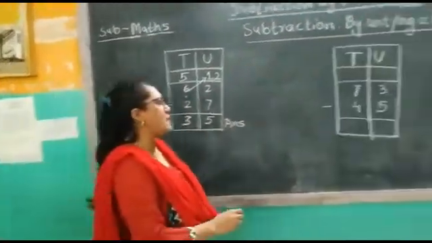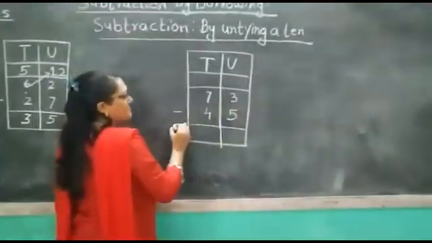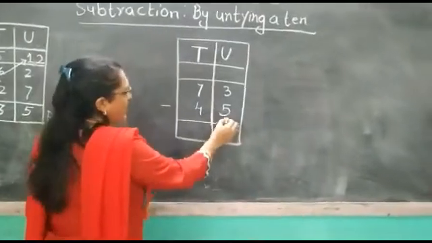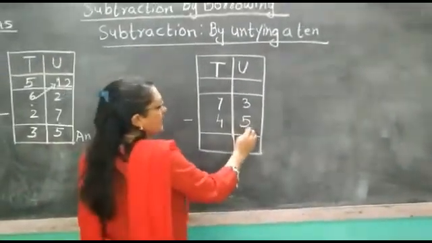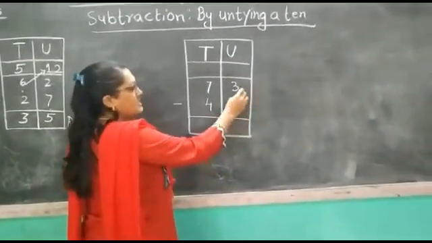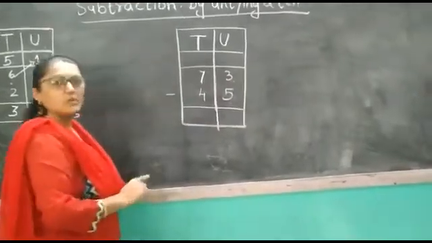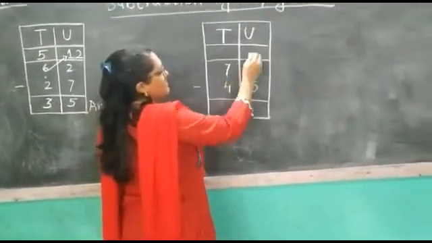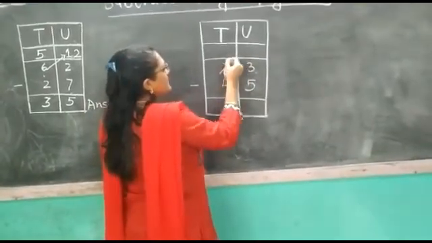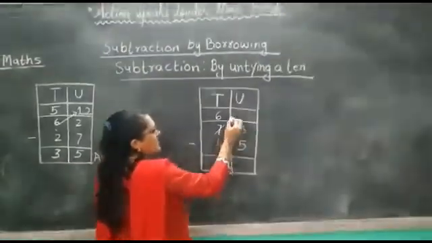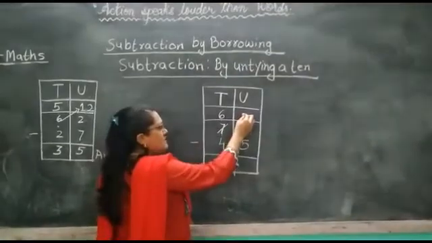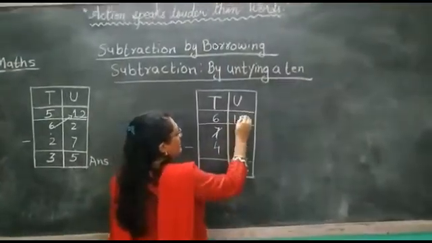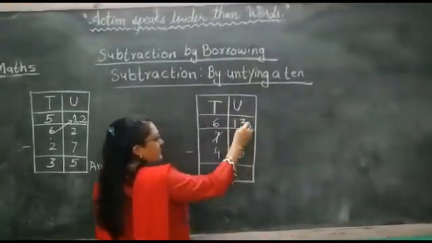The next example. 73 minus 45. Now here also we cannot subtract 5 from this 3. So what we will do? We will borrow 1 from this 7. So now we will cut this 7. We will write 6 because we are borrowing 1 from this 7. And here we will write 13.